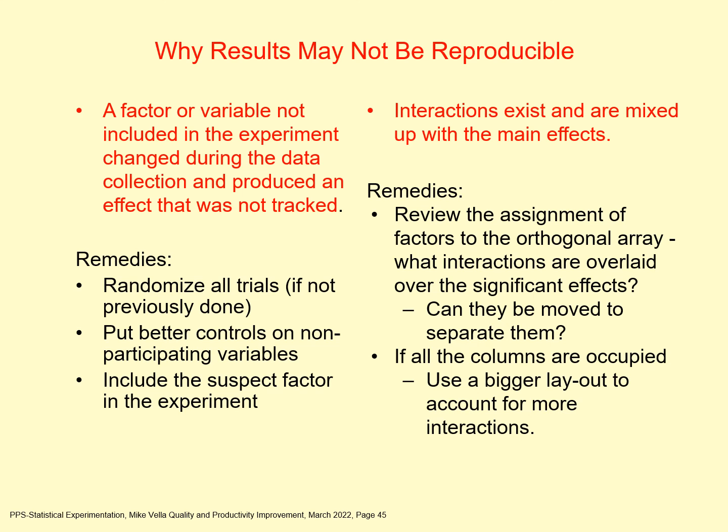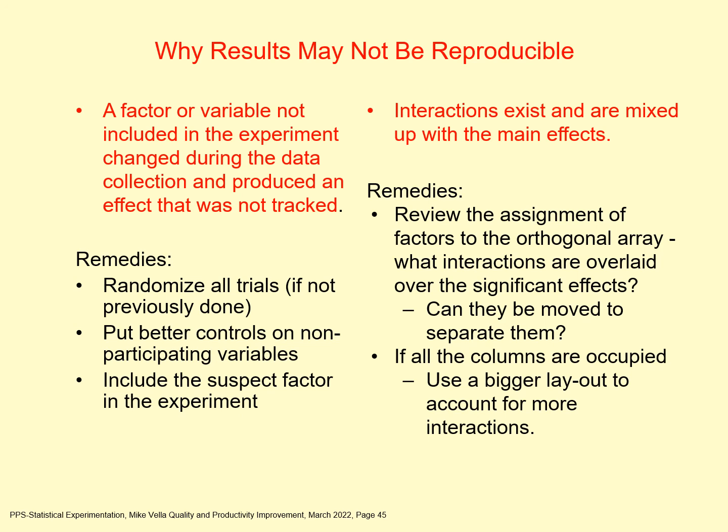Following your verification step, you may find that the results may not be reproducible. Here are some hints on perhaps why and remedies. In the first case, a factor or variable not included in the experiment somehow changed during the data collection and produced an effect that was not tracked.